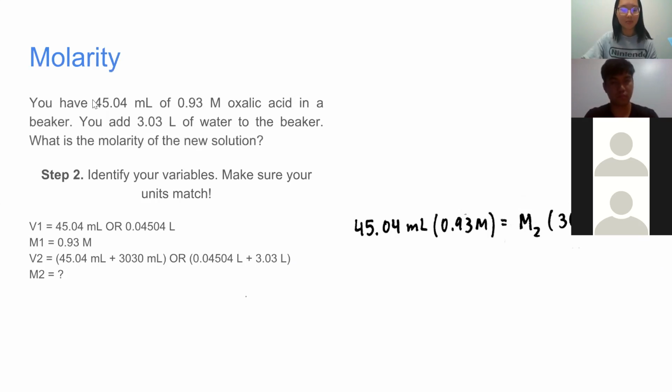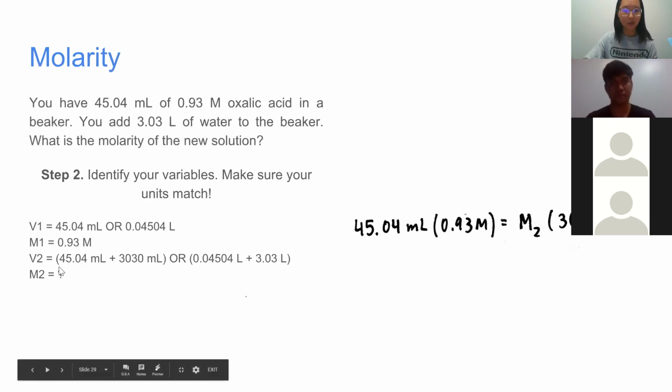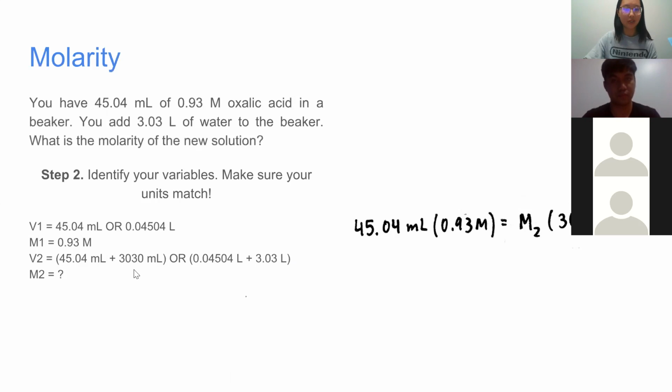We originally had 45.04 ml sitting in that beaker, but when we add 3.03 liters extra, we have to account for that original amount. So to calculate V2, I'm going to do 45.04 ml plus 3030 ml of water added extra. Or if you did it in liters, it'll look like this.